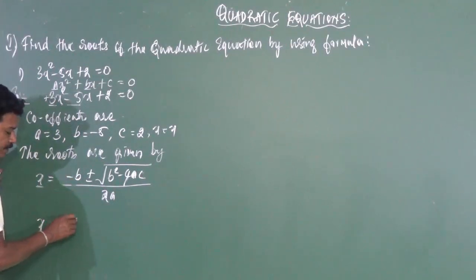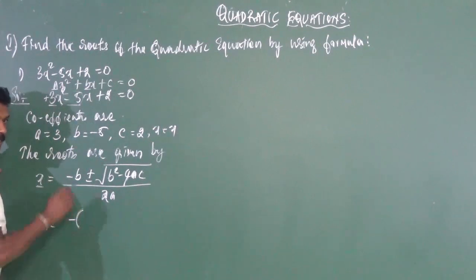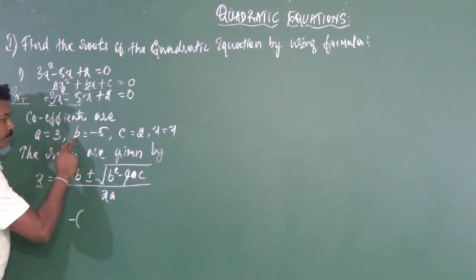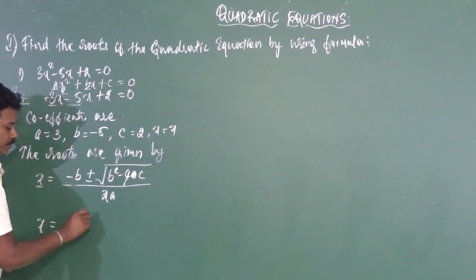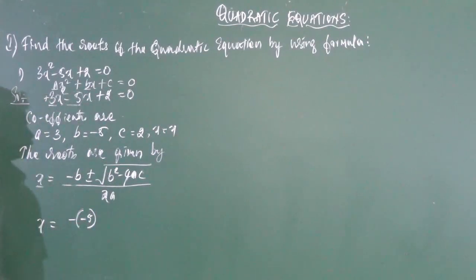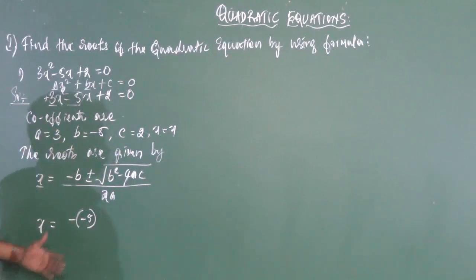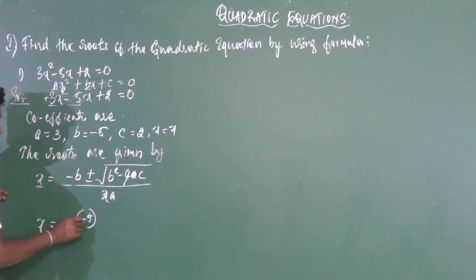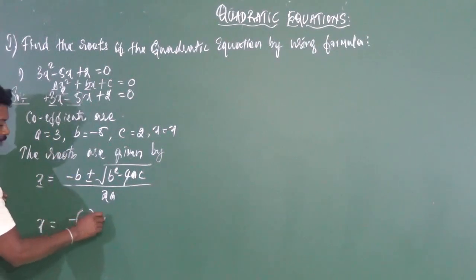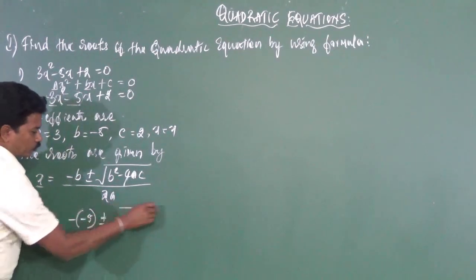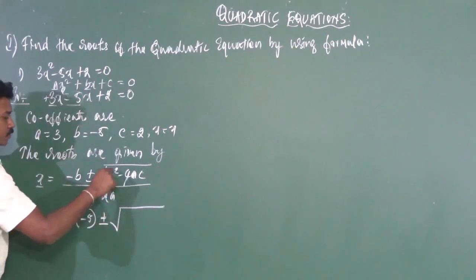So x is equal to, here in the formula itself we have minus. So write that minus, open a bracket, now substitute the value of b. So b is minus 5. Here is a point where most of the students do a simple error, right? So be careful. Write the minus sign of the b, open brackets, write the value of b inside it. Plus or minus square root of b square.